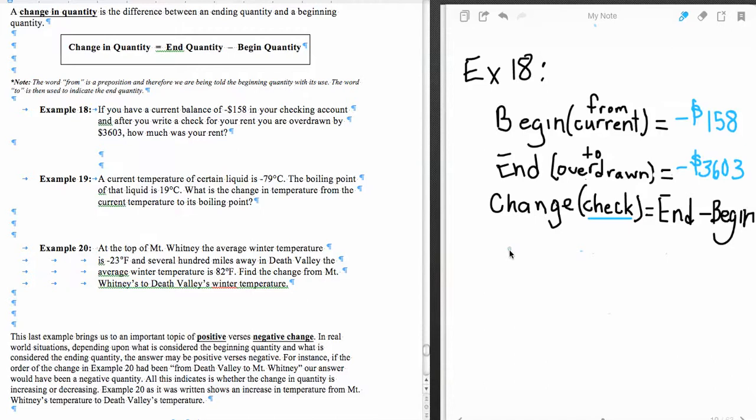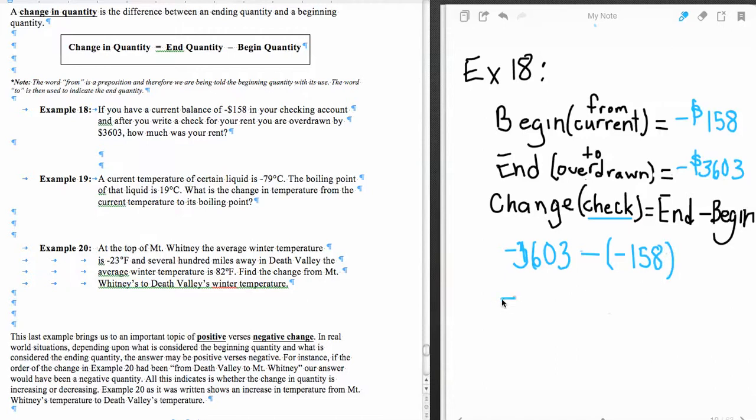And so what we have here is the ending amount, which is a negative $3,603. And we're subtracting from that the beginning balance of a negative $158.